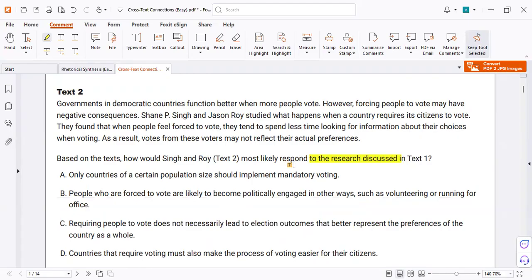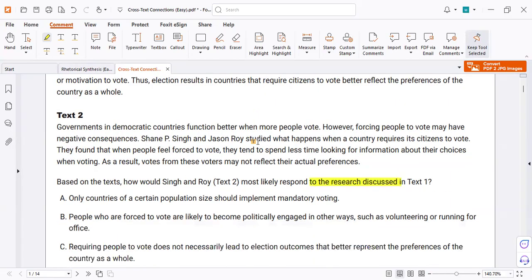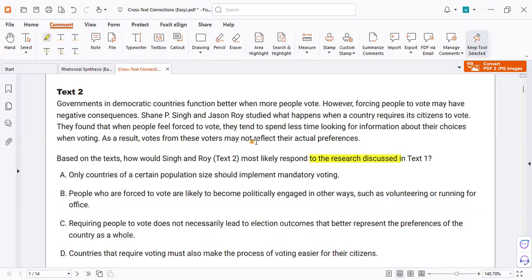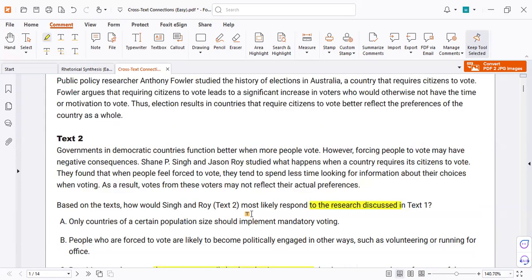So what did he say about the research discussed in number one? He said requiring people to vote does not necessarily lead to better election outcomes. When people feel forced to vote, they tend to spend less time looking for information about their choices. As a result, the votes may not reflect the actual preferences. So do not force people to vote.